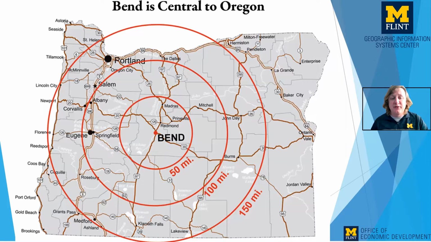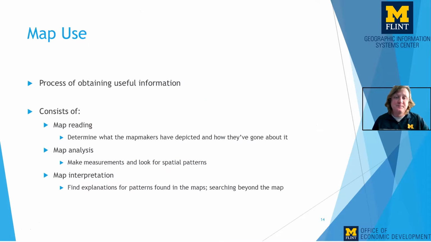And then, for example, you might think a location is the center of an entire state, when in reality, you're not really in the middle because of the way roads are. They're not straight lines. You can't get from point A to point B in a straight line in a car. You have to go throughout the road network, which would be longer than, say, that 50 or 100 miles that this map is trying to show.